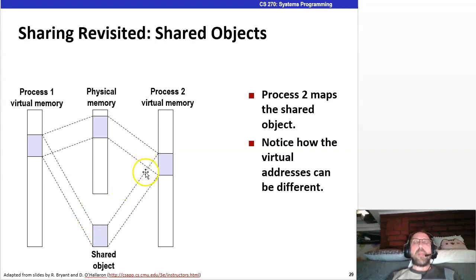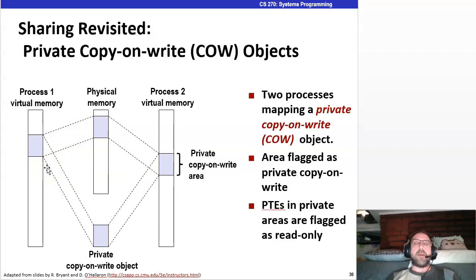We want them to be mapped into virtual memory somewhere, but when I actually write out to that, I need something special to happen, which is I need to do copy on write.